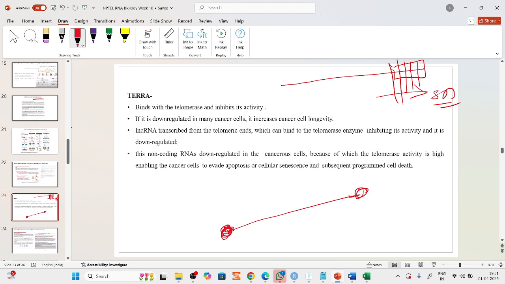But in the case of cancer, this TERRA is inhibited, so telomerase keeps on making telomeres, and therefore the cell doesn't die. The cells keep on proliferating. Is it clear to everybody? The function of TERRA: it is a long non-coding RNA which inhibits the function of the telomerase enzyme. This is what it means.